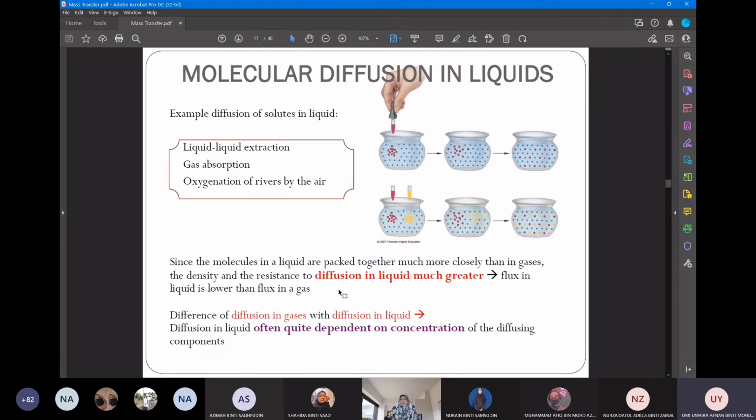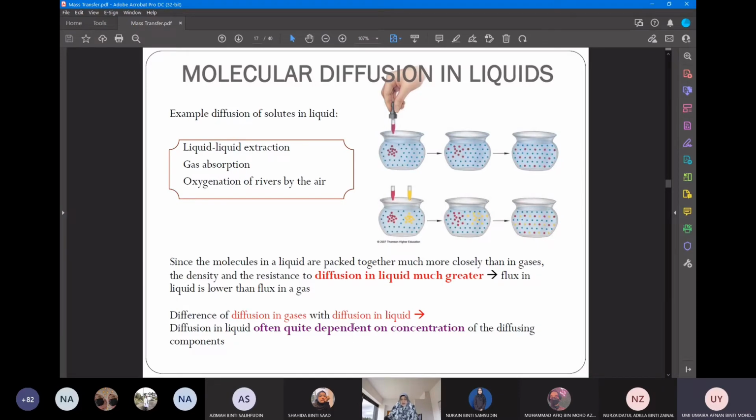Definitely, gas has higher flux compared to liquid because diffusion in gas is much faster. The speed is greater compared to the speed of diffusion in liquid.